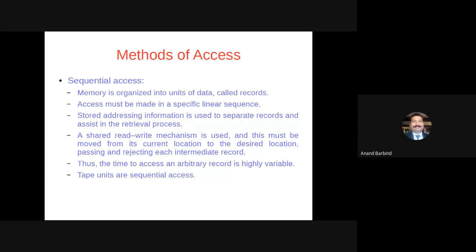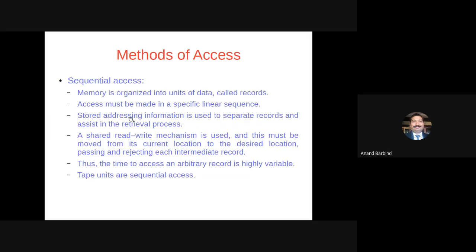The method of accessing the memory, as was shortly discussed, is random access or sequential access. Those are the two major types of memory. In sequential access, memory is organized into units of data called records. The access must be made in a specific linear sequence. You have the records stored in the memory, usually on tape.